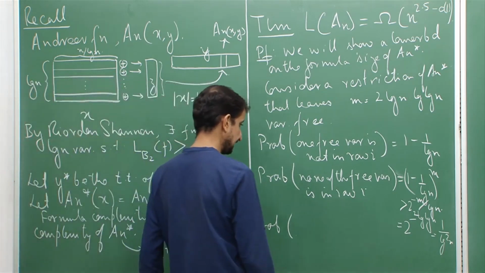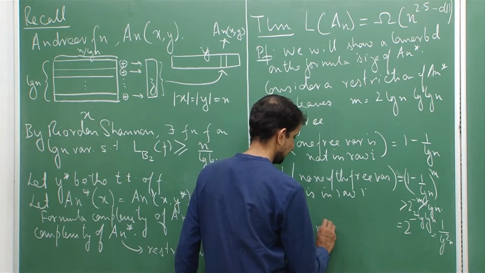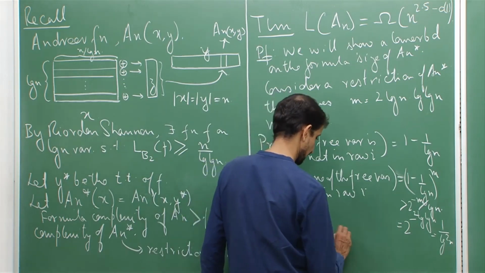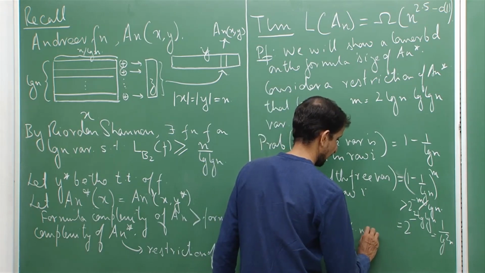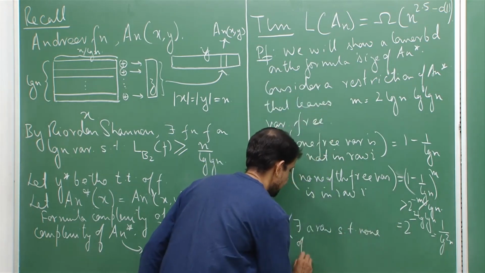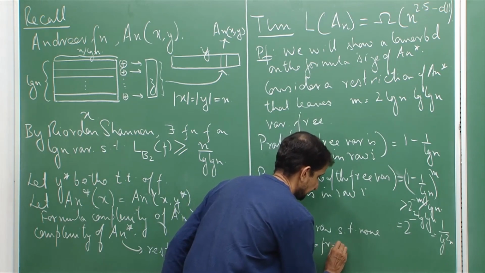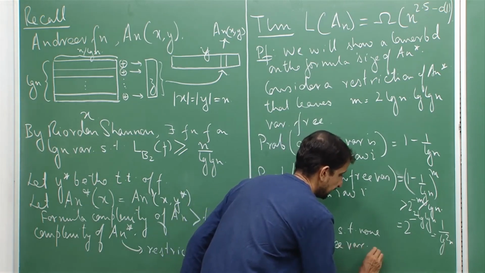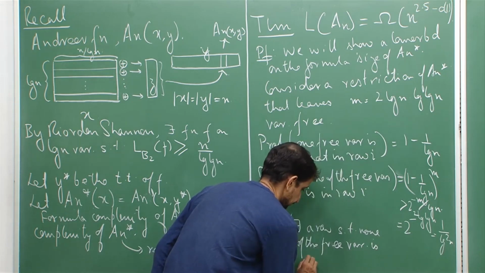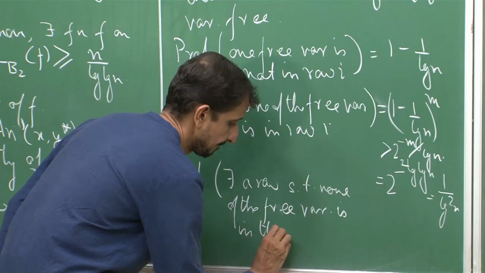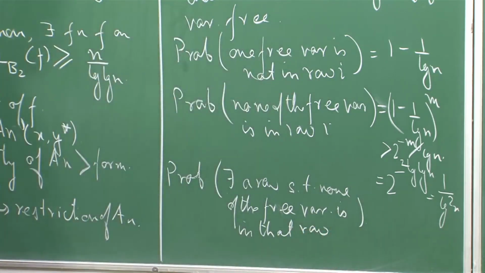Now, what is the probability that there exists a row such that none of the free variables is in that row? Okay. So, basically this is for a fixed row.